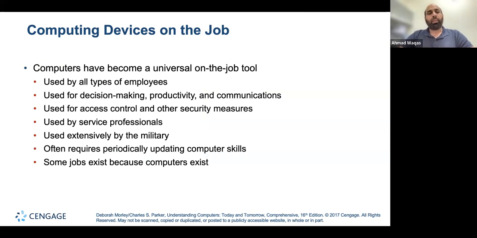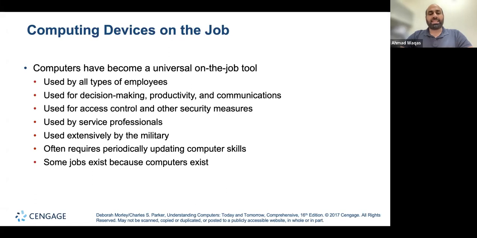So, computing devices on the job. Computers have become a universal on-the-job tool used by all types of employees, used for decision-making, productivity, and communication. These computers are used for access control and other security measures. These are used by service professionals.